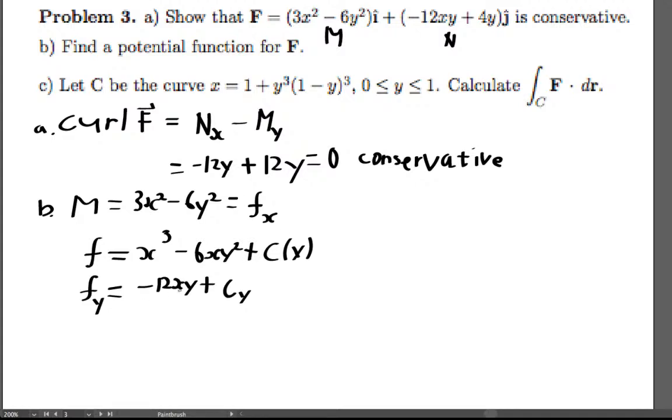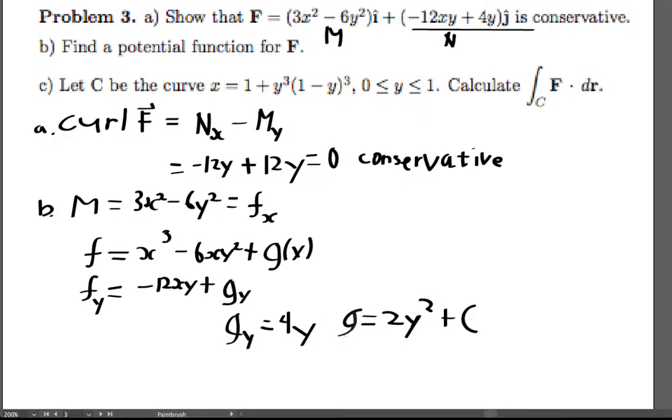Looking at what N is, it's minus 12xy plus 4y. That means c of y is 4y, so you can conclude that c is 2y squared when you integrate that, plus a constant. Normally you'd call that a g.